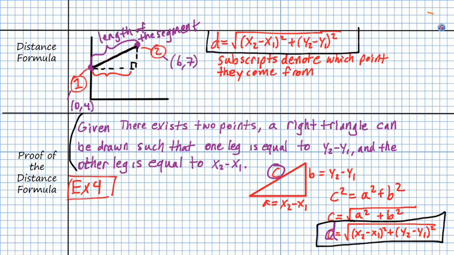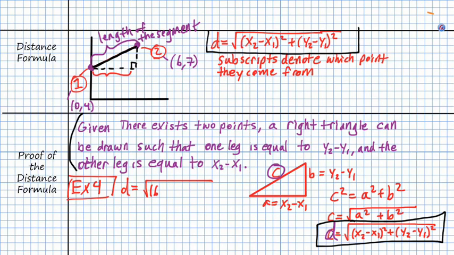And so then we can just plug these into our formula, right? We have d is equal to the square root of x2. It comes from the second point, and that's going to be 6.